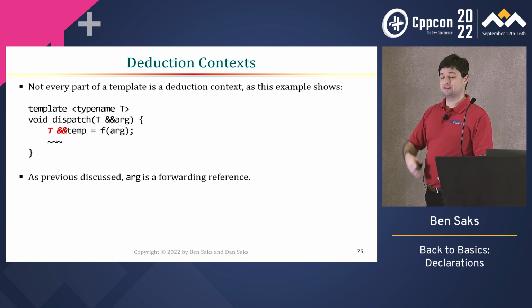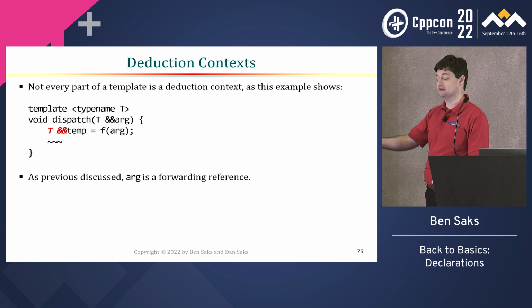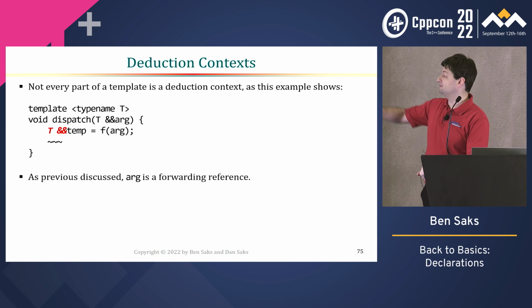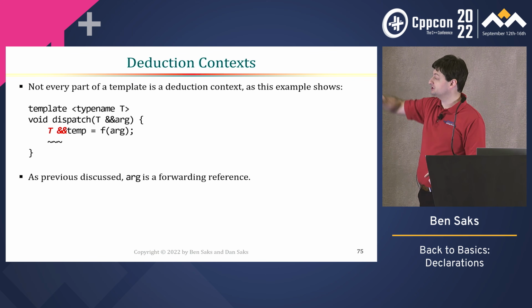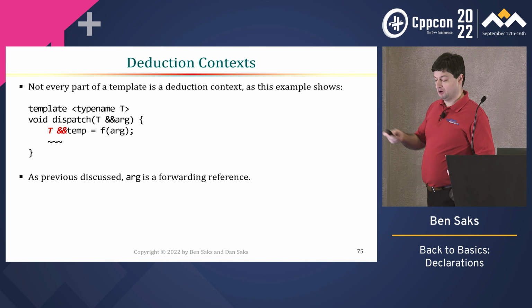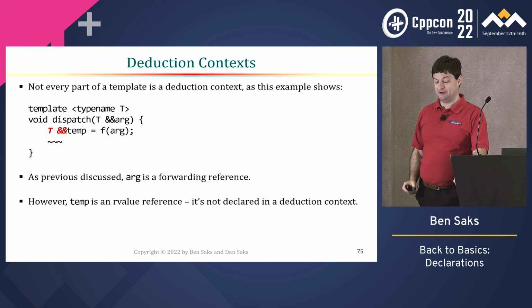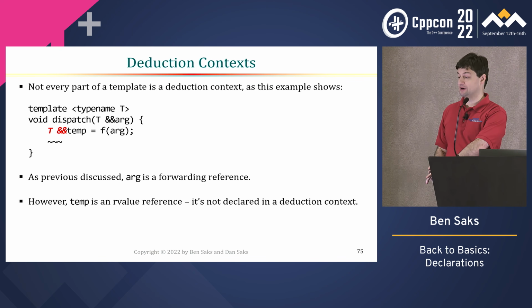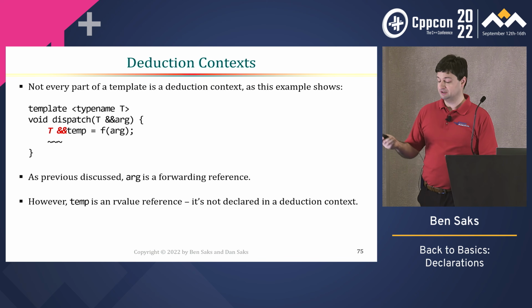Now, it's easy to think that that means, okay, if it's in a template, it's a deduction context, but that's not necessarily the case. Here we have a line that's inside the function template that looks similar. But here, although arg is a forwarding reference, temp is an rvalue reference because it doesn't appear in a deduction context.